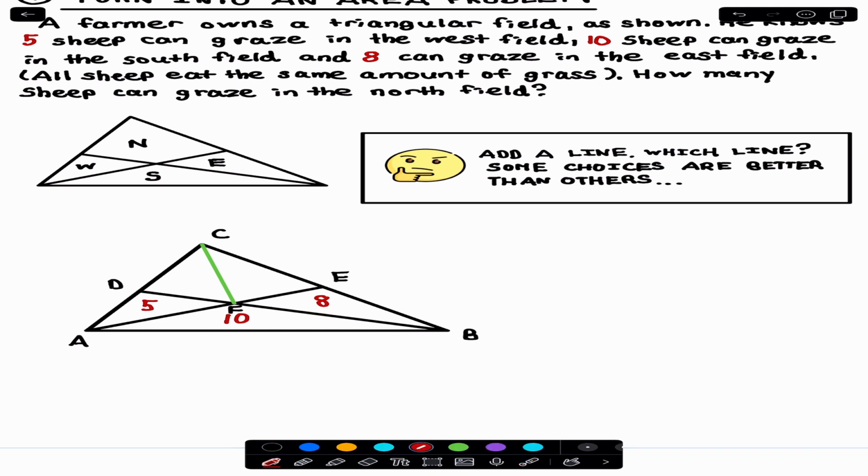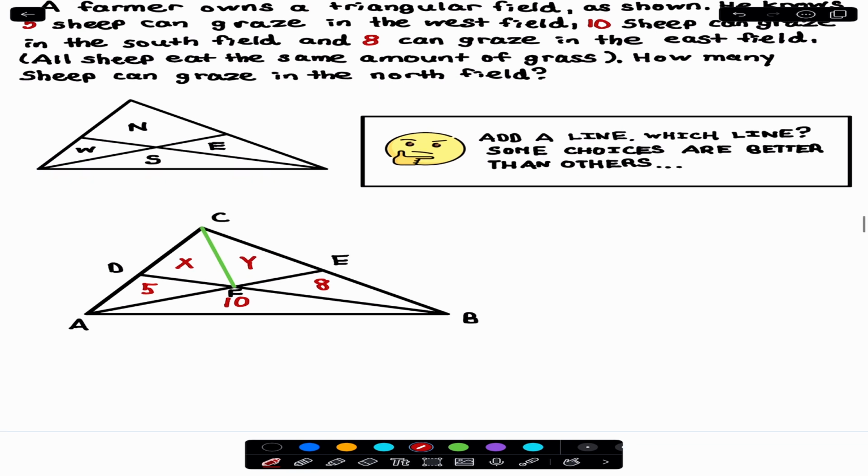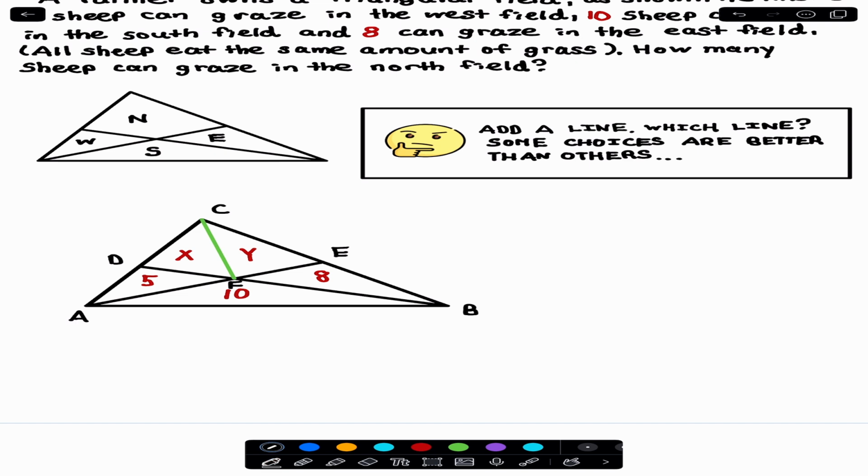And since this north region has just been split into two, let's say it splits into areas of X and Y. So the goal is to find X plus Y, because these two combined areas is the entire north region.